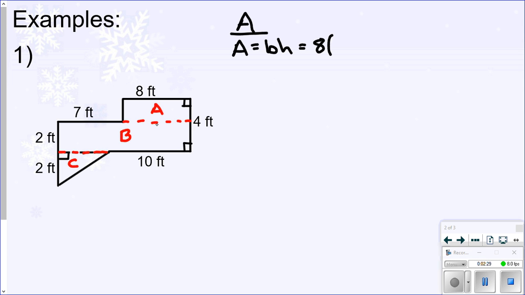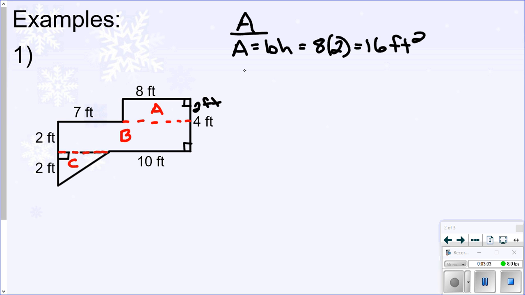If we look across to the other side, this piece right here is 2 feet, and this piece and this piece match up. So subtract that 2 feet from the 4 feet, and you get that this little piece is 2 feet. So the area of this rectangle is 8 times 2, or 16 square feet.